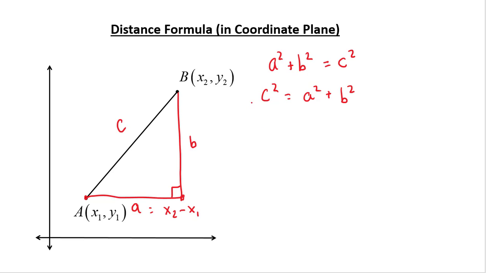So our distance, to solve for C, we would square root. I just said A was X2 minus X1, plus, now I need this B distance. This B distance is the change in Y, so Y2 minus Y1.